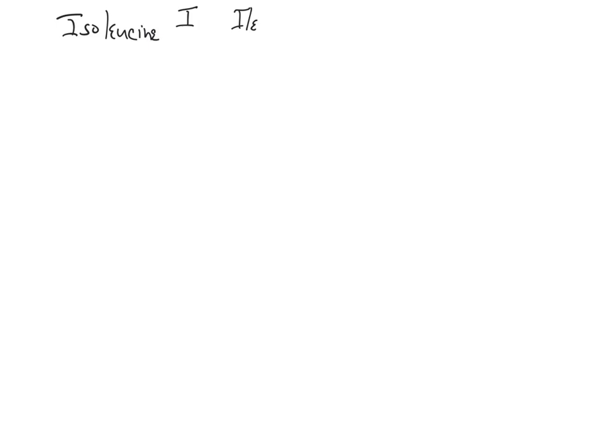So what do you suppose, if you just knew the name, isoleucine, what does it sound a lot like? Leucine. Mm-hmm. And iso, where do you suppose the iso comes from? It's an isomer. Okay? And so you know what leucine looked like. Leucine looked just like valine, but it had that linking carbon.